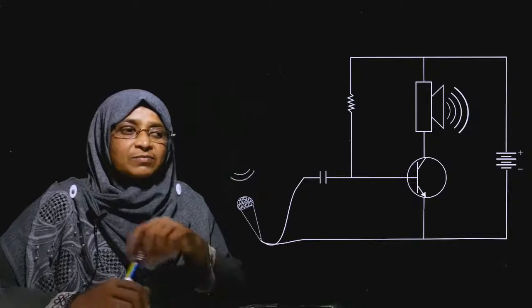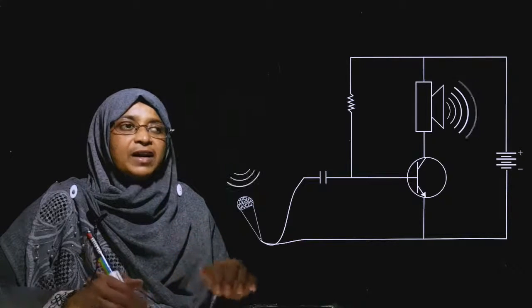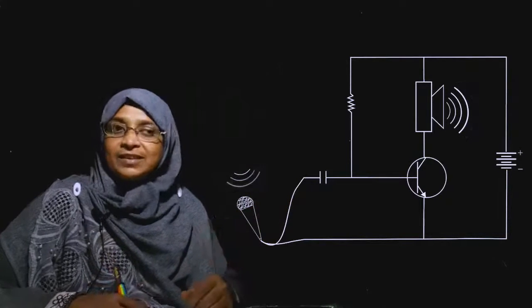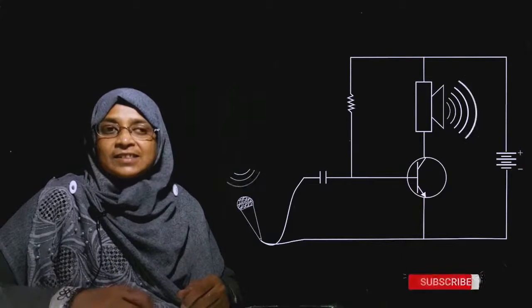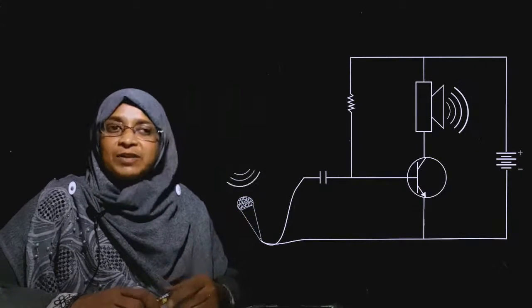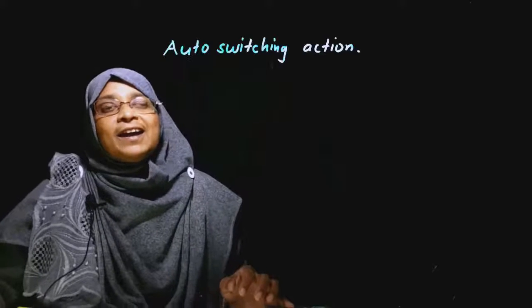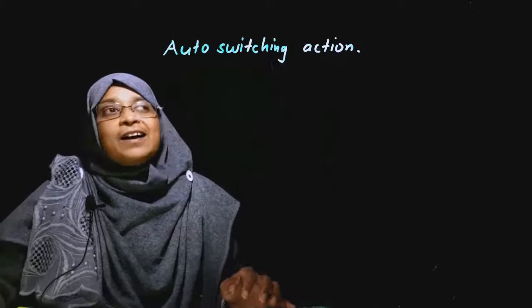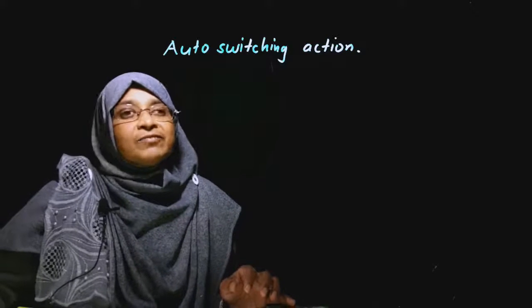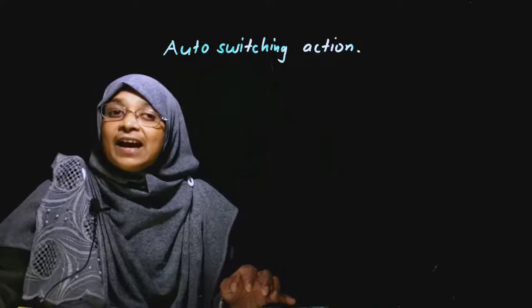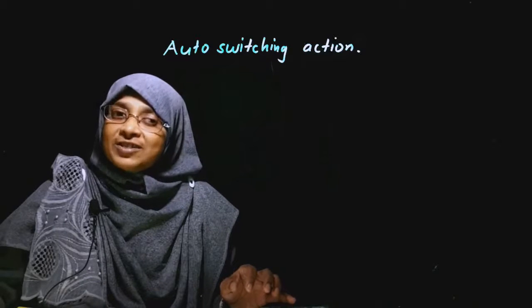So, a small sound can be amplified using the transistor. Okay. Next, this transistor can be used as an auto switch. Let's understand how the transistor works as an auto switch.